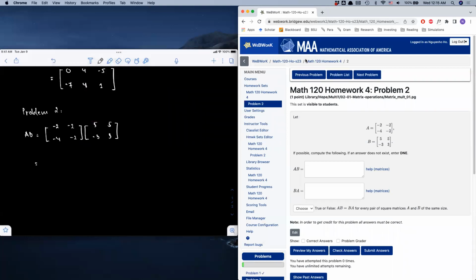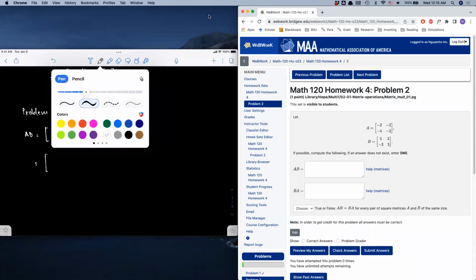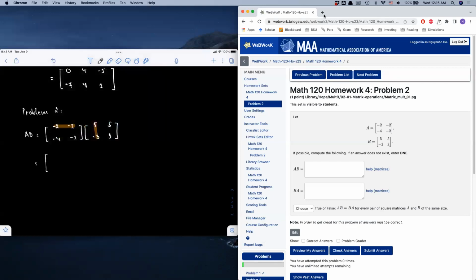The first entry comes from taking the first row of A combined with the first column of B, which gives you -4 if you do the calculations correctly. For the second entry in the first row, you take the first row of A combined with the second column of B, and you should get -16.